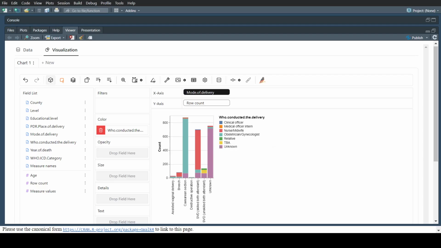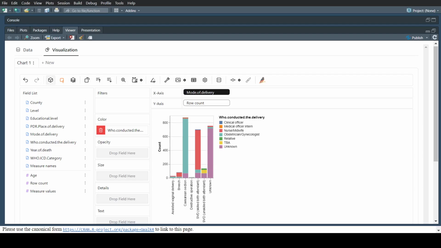And for the normal delivery by unskilled birth attendant, most of them were done by a TBA, that's a traditional birth attendant, or a relative, and the rest were unknown. For the breech babies, most of them were delivered by a nurse or midwife.